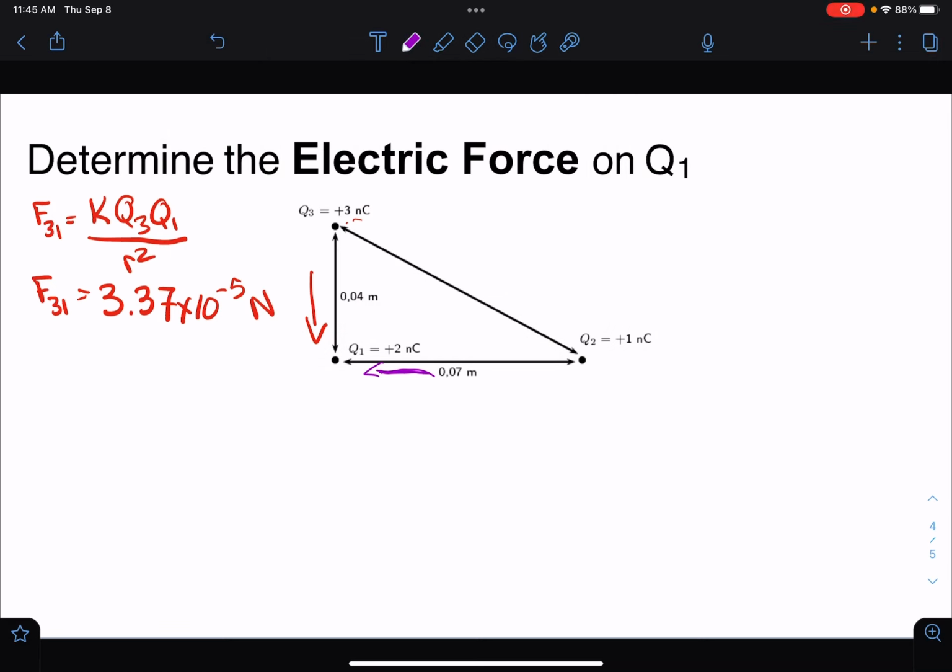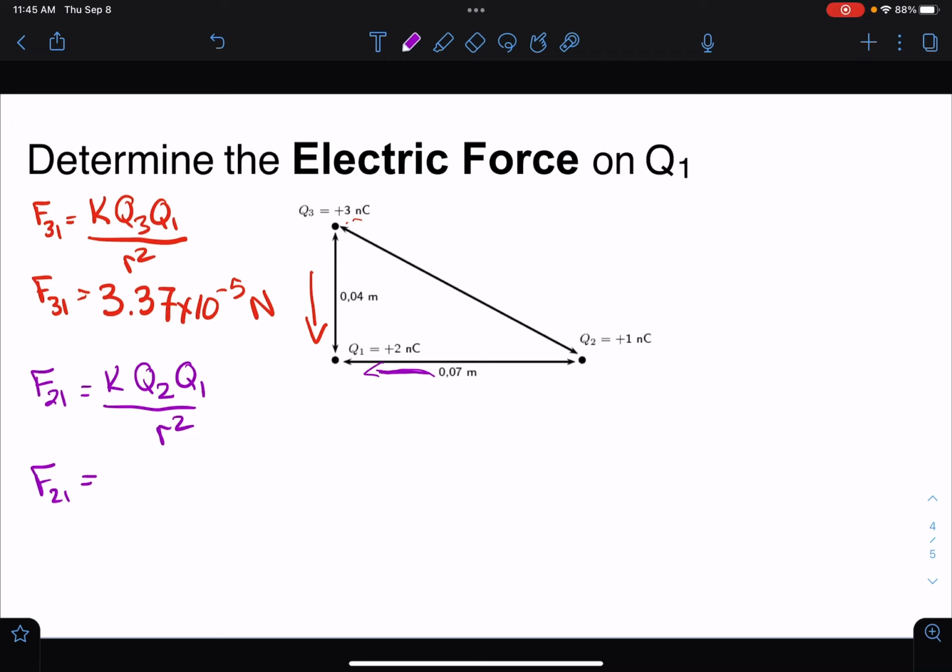Okay, now if we look in our X direction, we've got the force of 2 on 1, which again, we're going to have kQ2Q1 over r squared. So when you're plugging everything in, please make sure you're paying attention to your exponents. We have a lot of scientific notation here, and just double check you're doing them positive or negative when necessary.